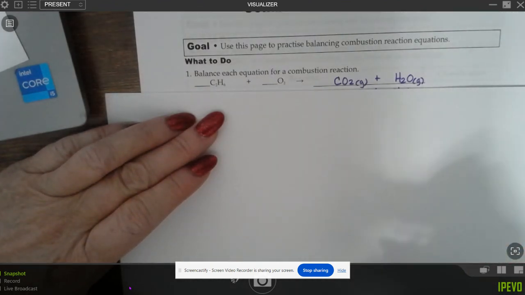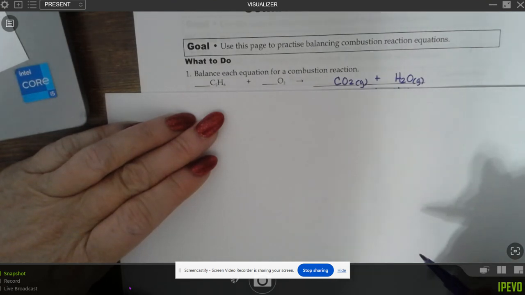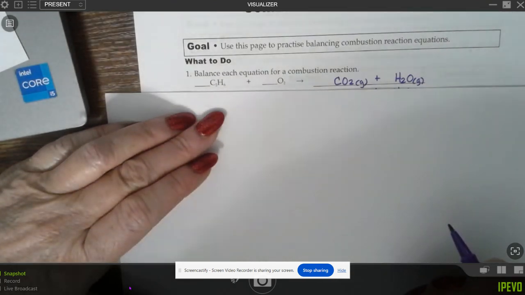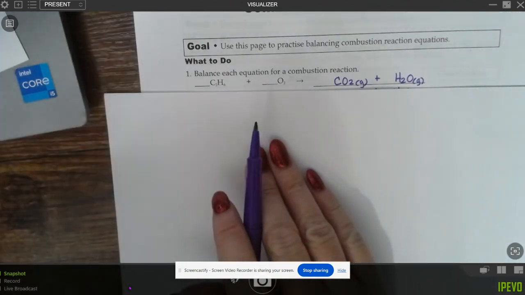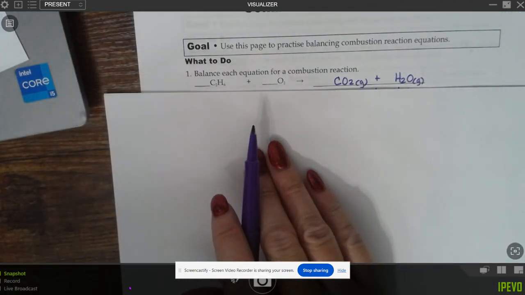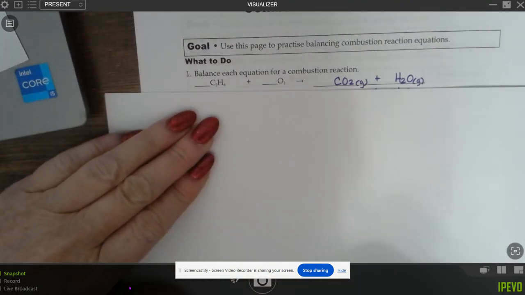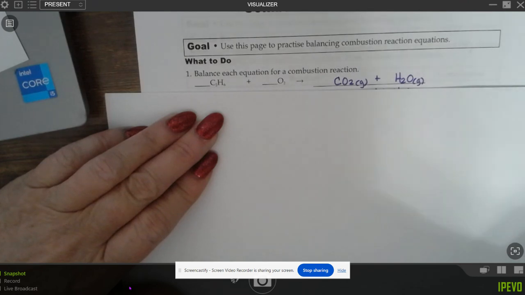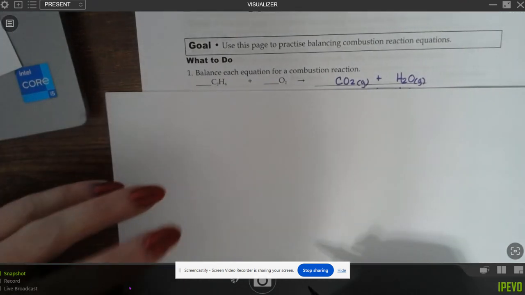But we're going to do the rest of them using the tally method, okay? And the reason for this is some of these get really big and there's a big coefficient, so you'd have to write down a lot to get it done, okay? But we're gonna try this using the modeling method right now.